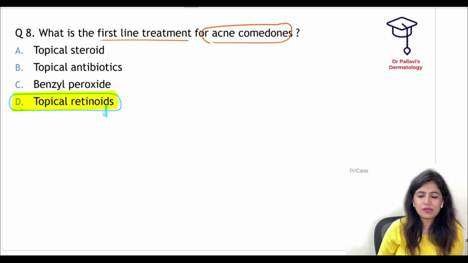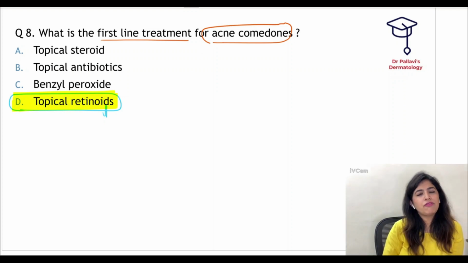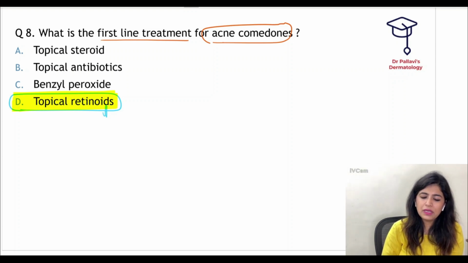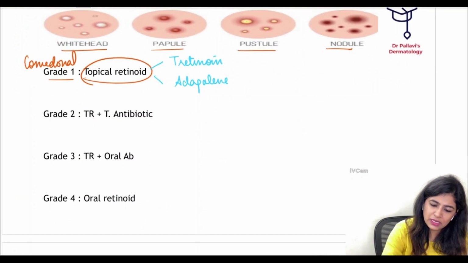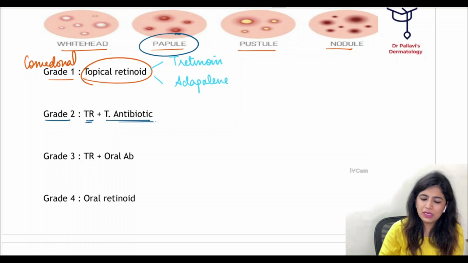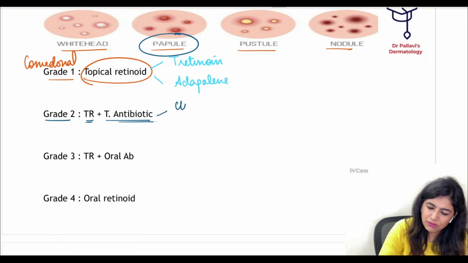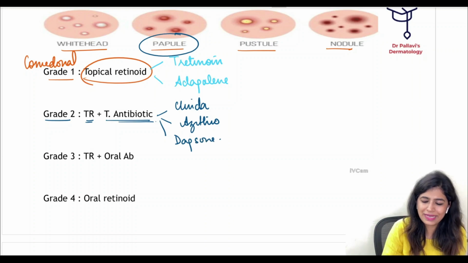So the answer to question number 8, that is first line treatment for acne comedones, the answer is D, topical retinoids. Coming back to the next grade, which is grade 2, where you have papules, you will add a topical antibiotic to topical retinoid. The antibiotics that we use here include topical clindamycin, topical azithromycin, nadifloxacin, even topical dapsone.